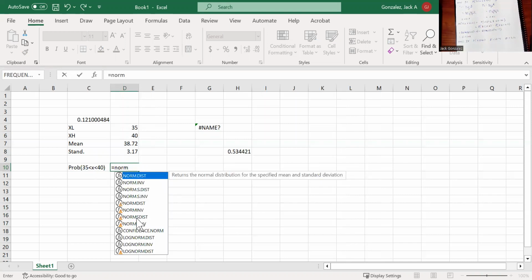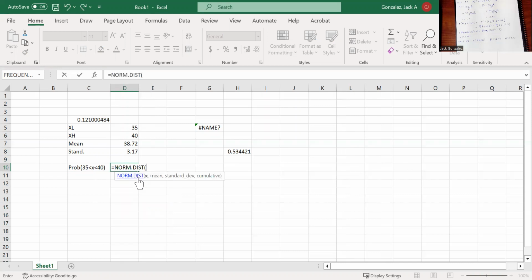If you use normal distribution, it's assuming you're going to use the X values, like the heights, not the Z scores. So you would have to plug in 43.17 and 38.72.